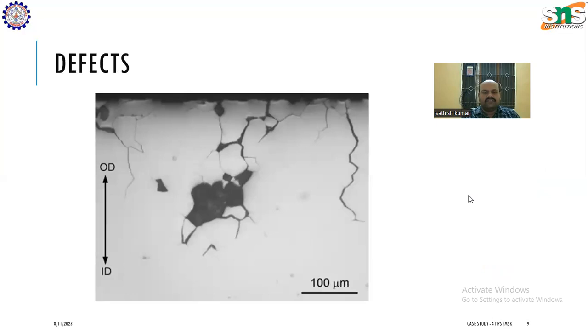This is the tube crack seen in a scanning electron microscope, towards the internal diameter and towards the outside diameter, and the crack is very much visible at 100 micrometers. The defect is very clear.